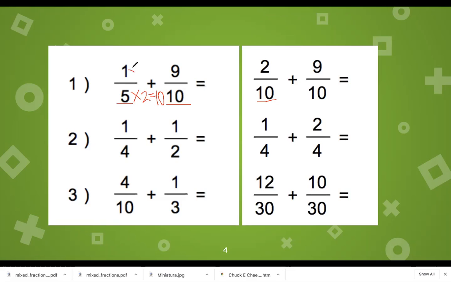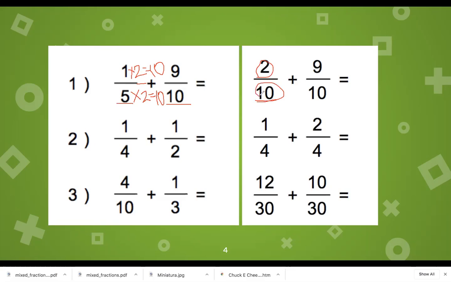So 1 times 2 equals 2. Okay, and this works because 2 over 2 is equivalent to 1. So if I were to multiply 1/5 times 1, I would still get 1/5. If I multiply 1/5 times 2 over 2, then I get 2/10, which is what I have over here.